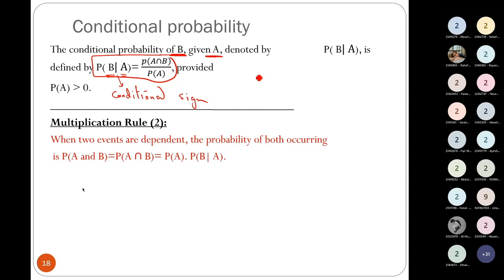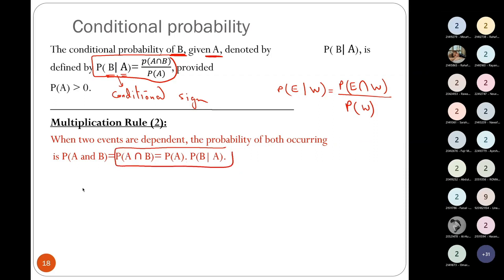So if we need to find the probability of, for example, E conditional on W, this means the probability of E intersection W over the probability of W. Now, when two events are dependent, the probability of both occurring is as follows.